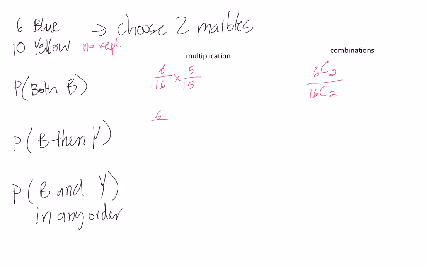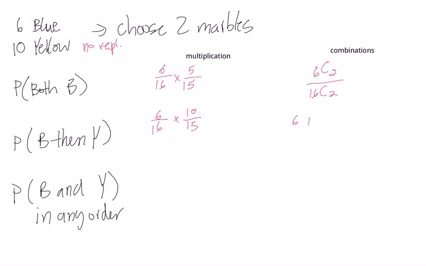Okay, the next one is a blue and then a yellow, so order does matter. So we'd have 6 out of 16 for the blues, and then 10 out of 15 for the yellows. So that's easy if we do it that way. Or if we use combinations, we'd have 1 blue, so 6C1. We've got to be careful, order does matter in this case, right, blue first, then yellow.